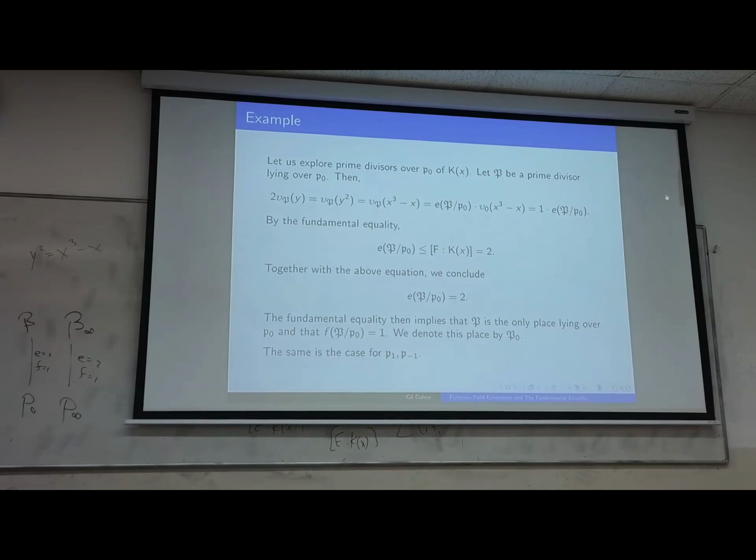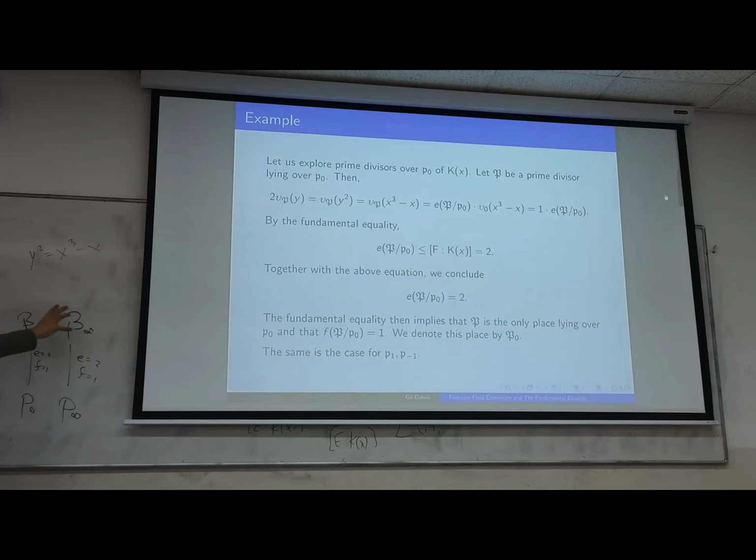Maybe I should say that you will see next time, almost towards the end, that if the extension is Galois, then not only is the sum of f_i e_i equal to the degree of the extension, but actually all the e's are the same and all the f's are the same, because the automorphisms of the Galois group take one place to another, and everything is isomorphic.